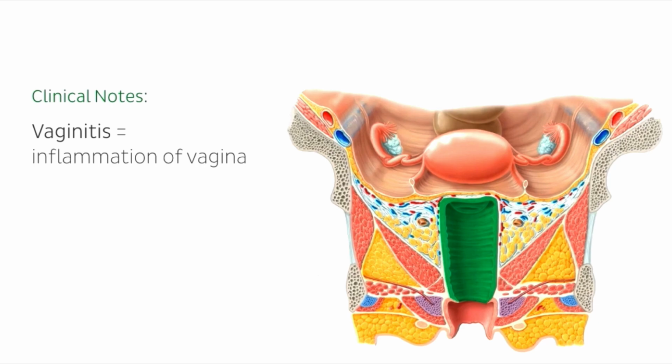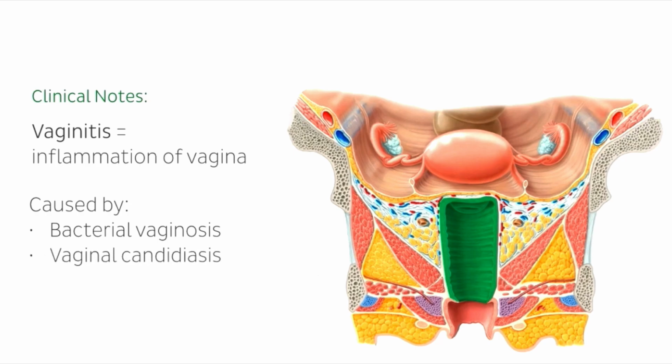And vaginitis can be caused by several afflictions, some of which include bacterial vaginosis, which is an excessive growth of one of the normal bacteria of the vaginal flora, vaginal candidiasis, which is otherwise known as a yeast infection, and trichomoniasis, a parasite transmitted through sexual intercourse, as well as other sexually transmitted infections such as gonorrhea and chlamydia.